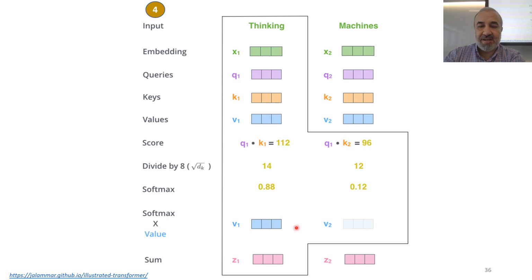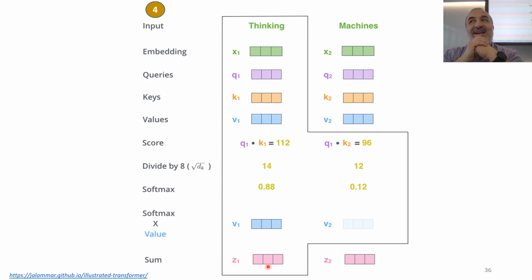You can see that this is stronger than this, right? Because that was a higher number. And we sum these two to get the output vector for the first word. If I want to get it for the second word, same thing, but now I compute dot products between Q2 and K1 and K2 and so on.